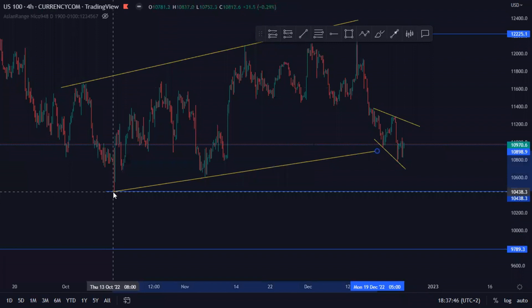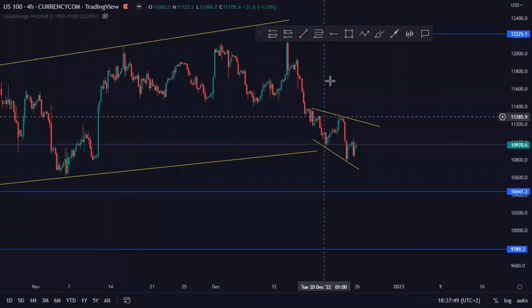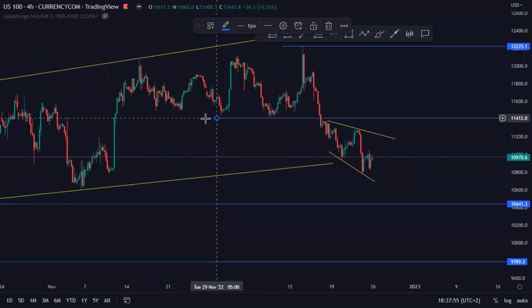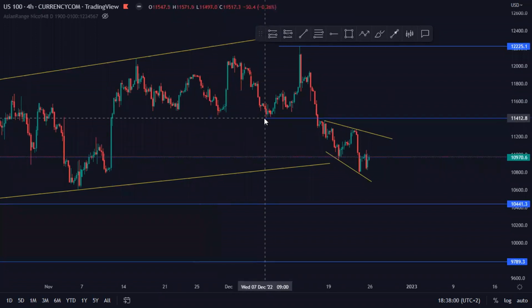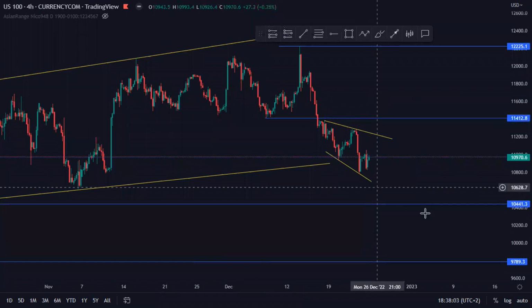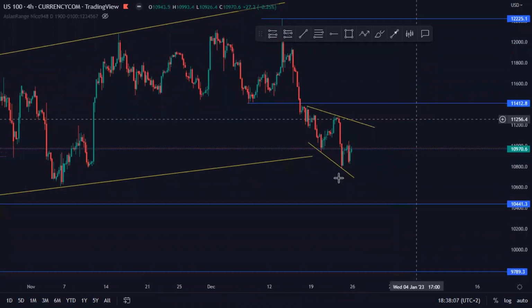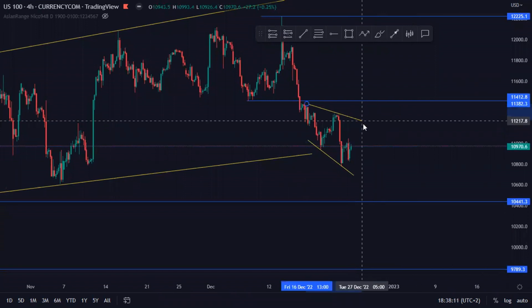So to be on the safe side, you should expect, probably it might or it might not, NAS 100 to come retest this area here that just broke this recent low, and then go back to the downside. So just be vigilant, keep it in your sights when you look at NAS 100.